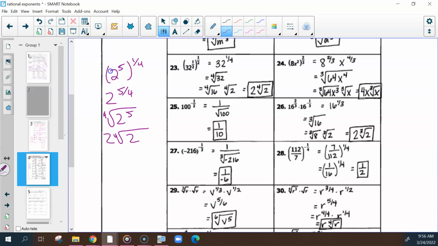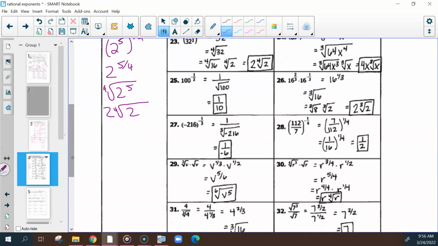The final answer was 2 times the cube root of 2. So the same thing we did here, you could do for 16, because 16 is 2 to the 4th. But whichever works better for you.